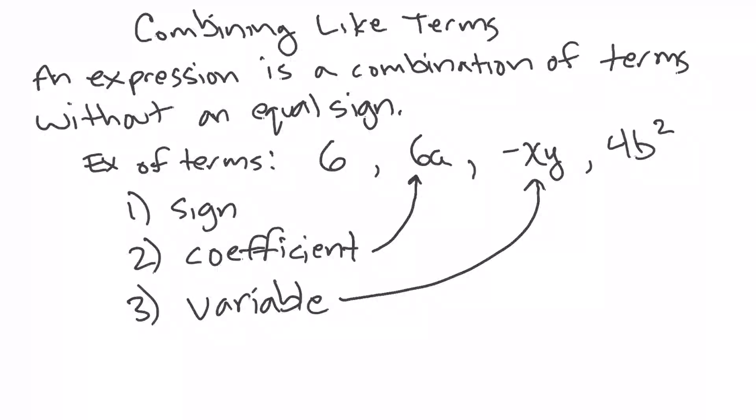That's a variable right there, the a, with the 6. And so every term must have a sign, so we'll say negative or positive here, and this one is a positive.